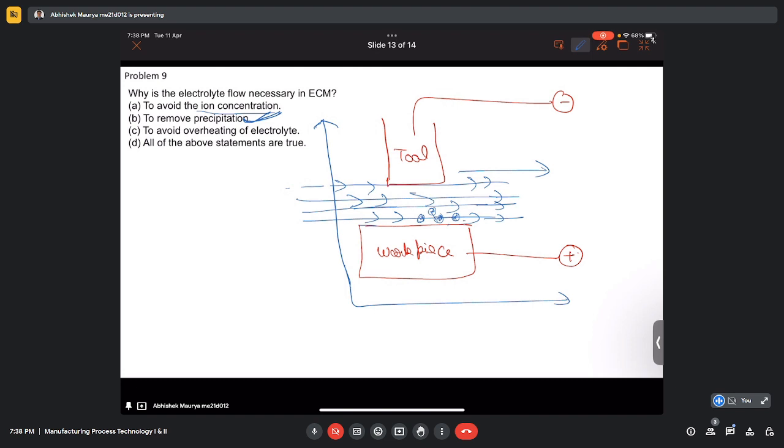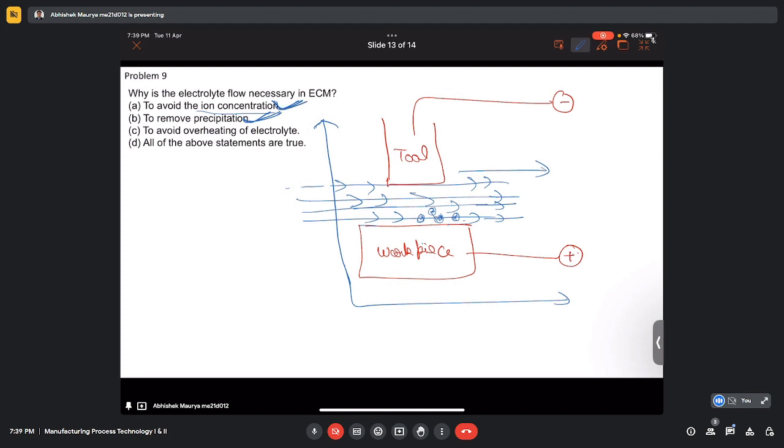So in order to avoid any kind of ion concentration, we keep on flowing the electrolyte so that we could get uniform ion concentration throughout the gap between the tool and the workpiece. So that is also correct.